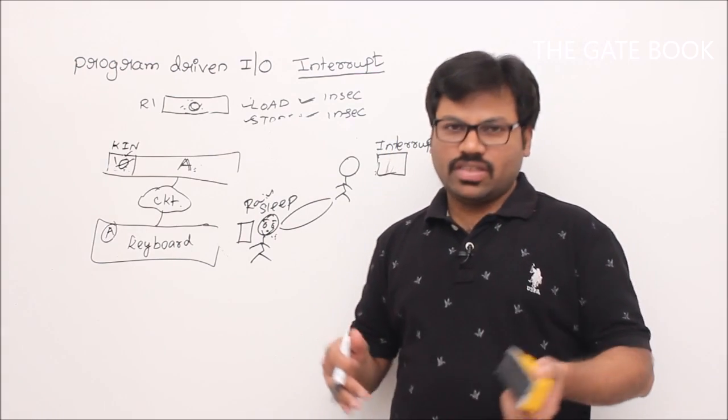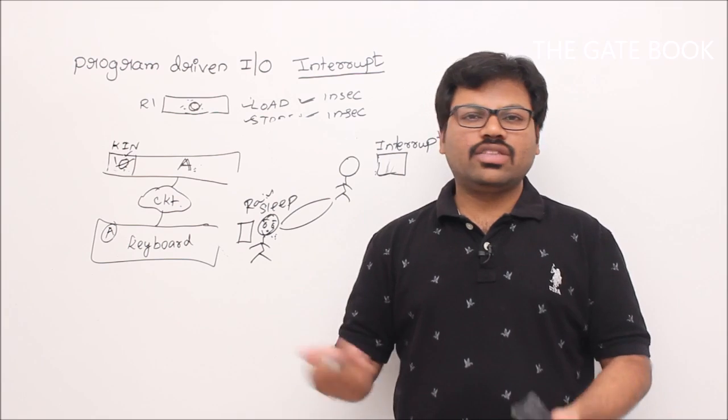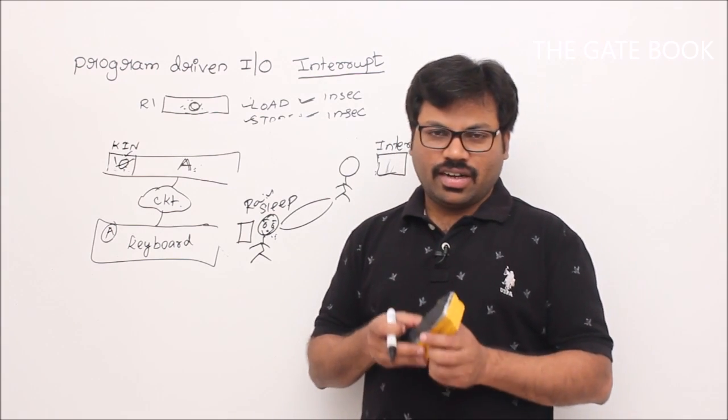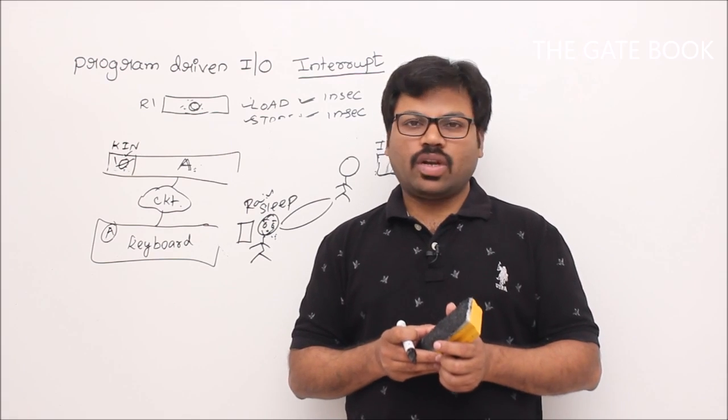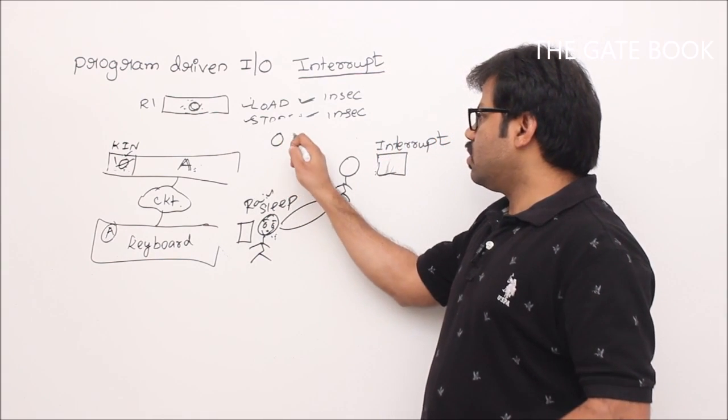If there is no work for the CPU, and he is not doing anything anyway, then there is no problem with polling. But you know, your computers nowadays are designed in such a way that multiple programs can be executed, right? So that's why the operating system comes into the picture.